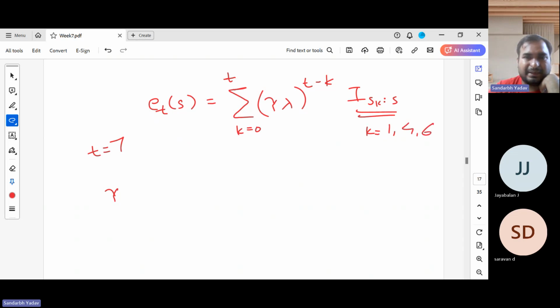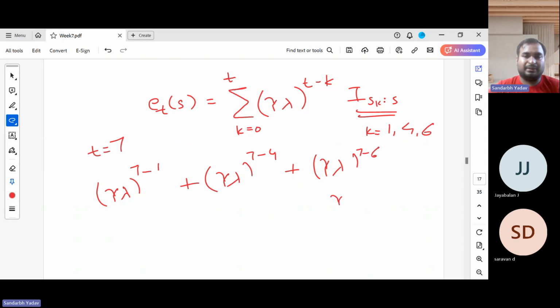For the remaining, the indicator function says that you didn't visit this state, so it will be 0. So this summation won't matter. Basically we have to put the values 7 minus 1. Then this summation will be gamma lambda to the 7 minus 1, plus gamma lambda to the 7 minus 4, plus gamma lambda to the 7 minus 6. From here we got this term, which was actually first in our expression. Then from here we will get this cube term, and from here we will get the 6 power term.